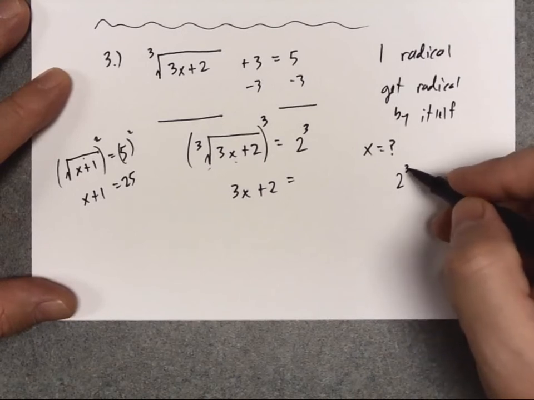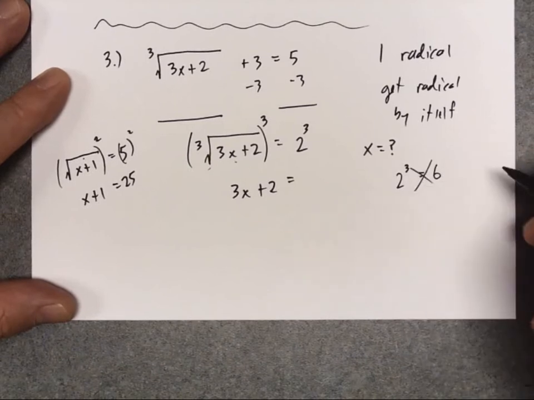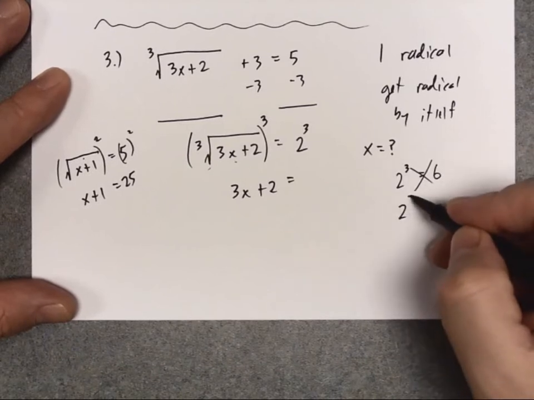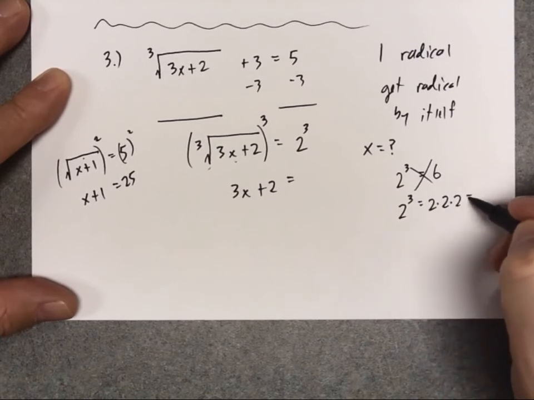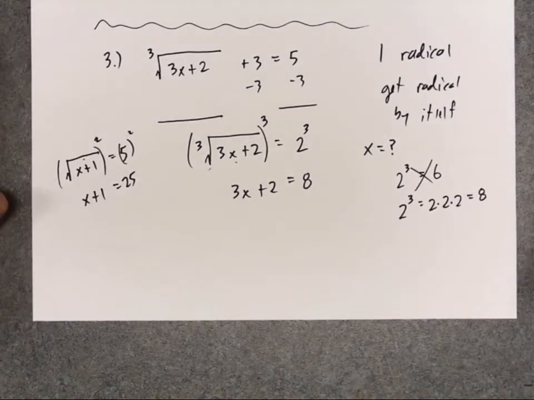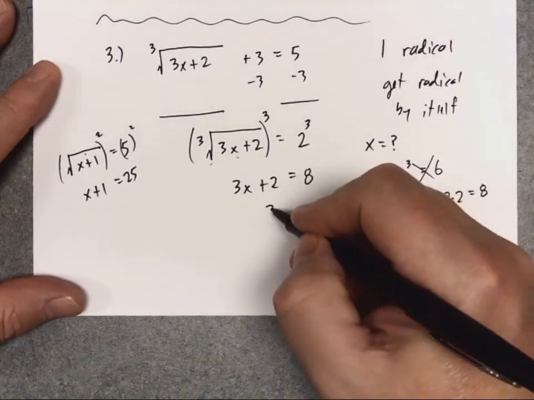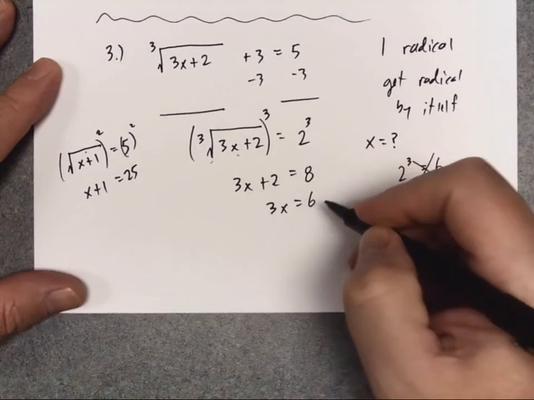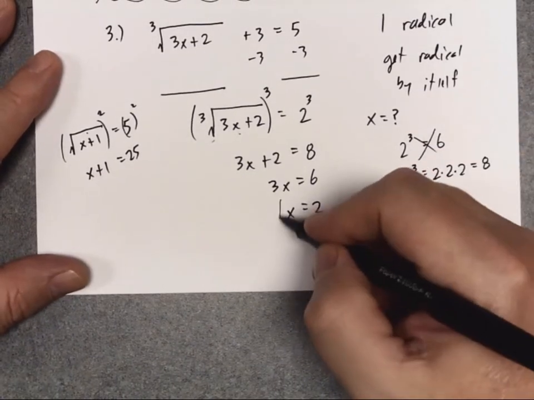They look at 2 cubed and for some reason they just want to multiply these and call it 6. It's not correct, right? 2 cubed means you multiply 2 by itself 3 times. So 2 cubed is 8. And now, it's a pretty simple equation to solve. Subtract 2 from both sides. Divide both sides by 3.